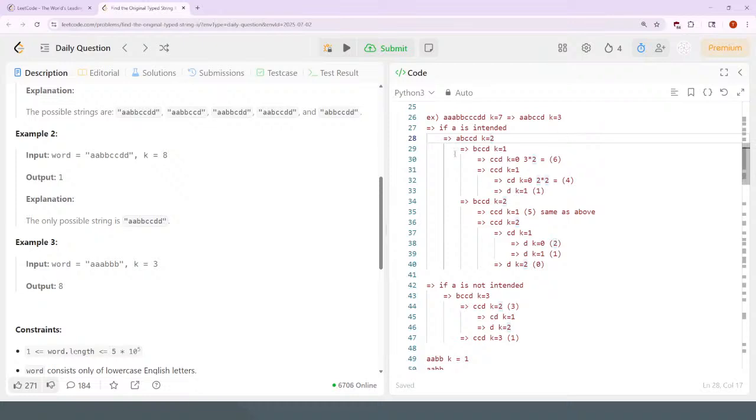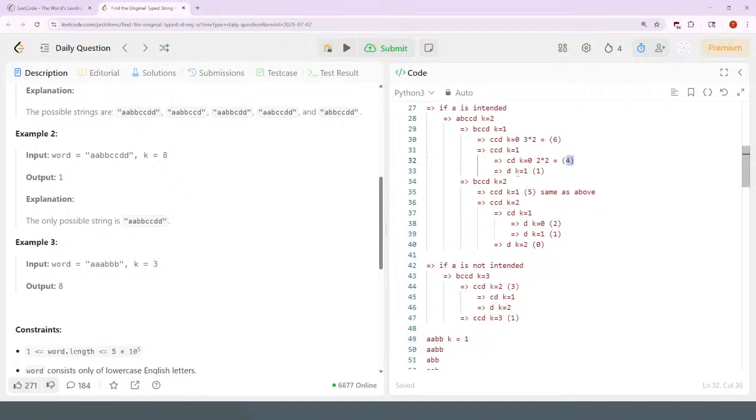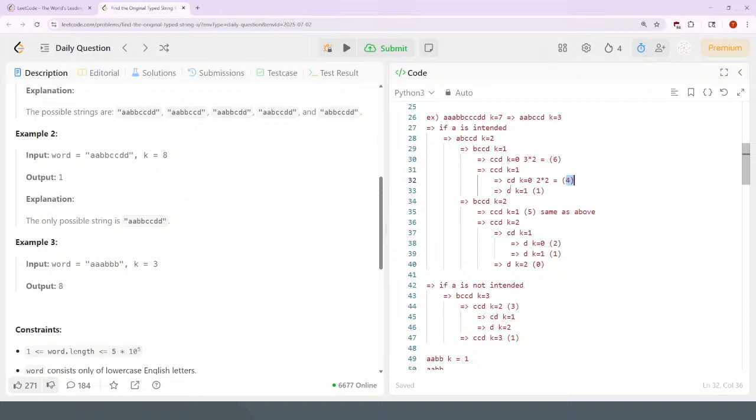Whenever k is decremented down to 0, I can do some sort of calculation at that point and end the branch. So if k is decremented down to 0 and there's still letters remaining, then I do some sort of calculation based on the counting principle. If k doesn't decrement down to 0 but just to the length of the string remaining, then it's just 1.